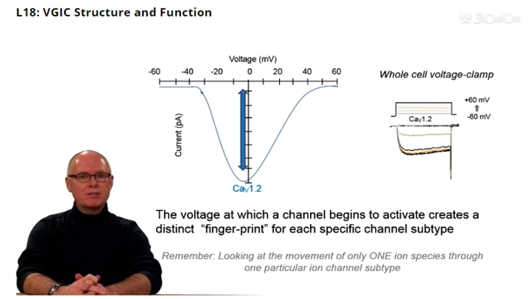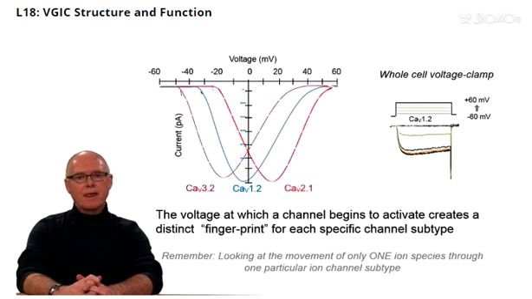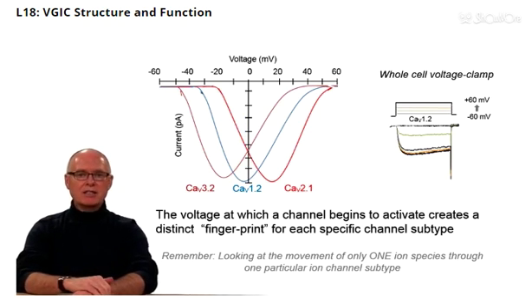When this experimental electrophysiology protocol is repeated on cells expressing other specific receptor subtypes, like the CAV3.2 and 2.1 gene products, we see differences in the IV curve profile.